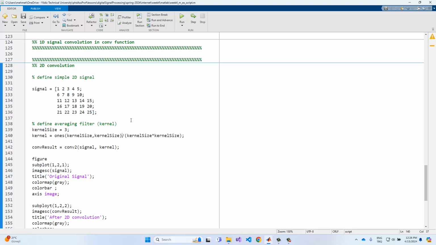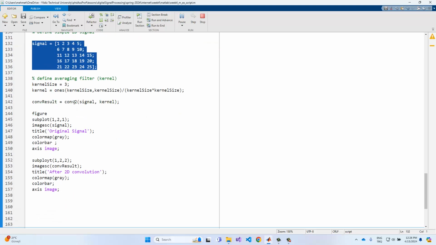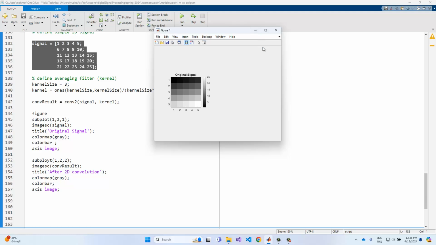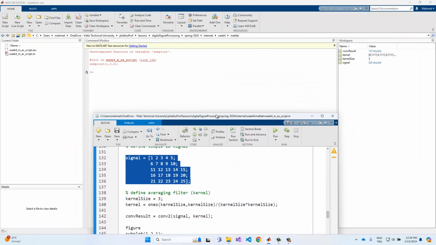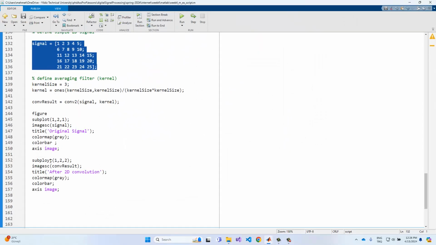give that these values should be averaged due to the what? Due to the convolution operation. Okay. But we have some subplots. Okay.